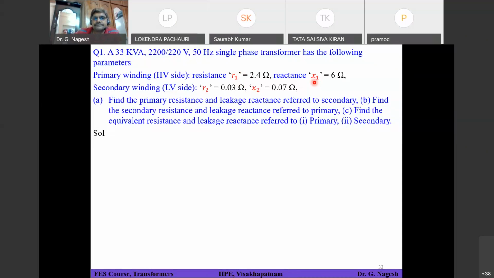Sir, R1 dash should be 0.024. How have you got it? Sir, R1 into N2 by N1 whole square. Okay, so R1 into N2 by N1, so 2.4 into 220 divided by 2200 whole square. So you will get approximately 0.024. Okay, what about reactance?